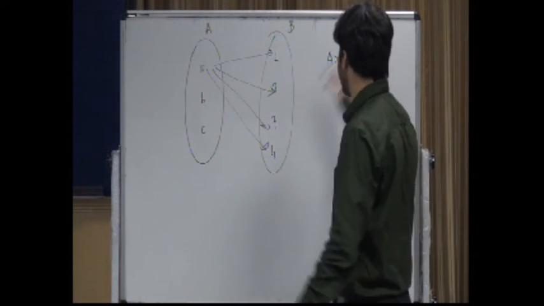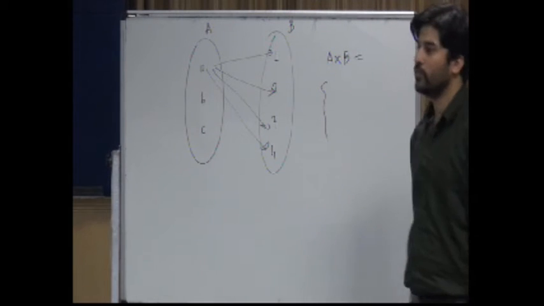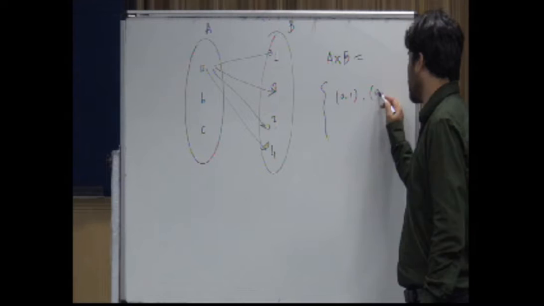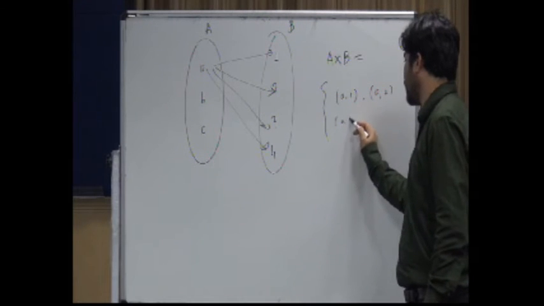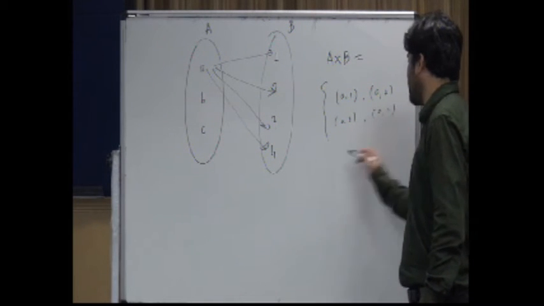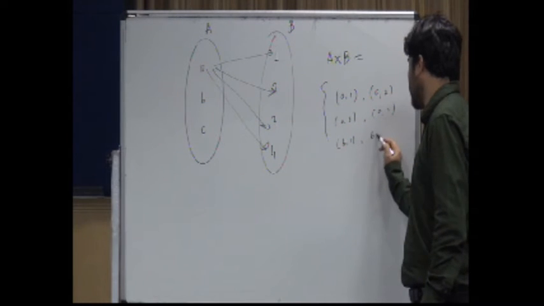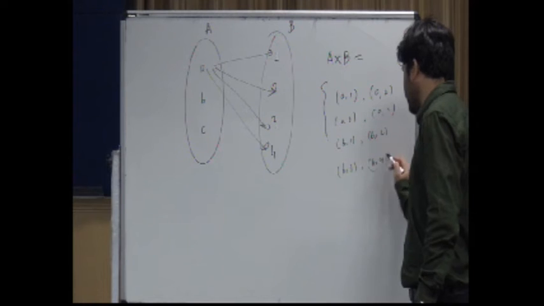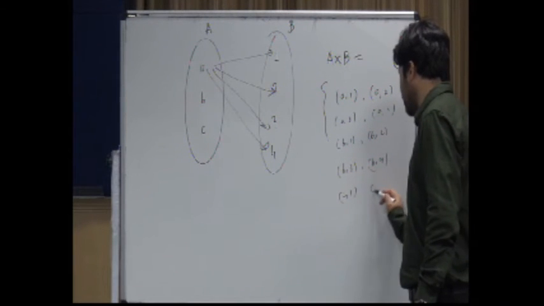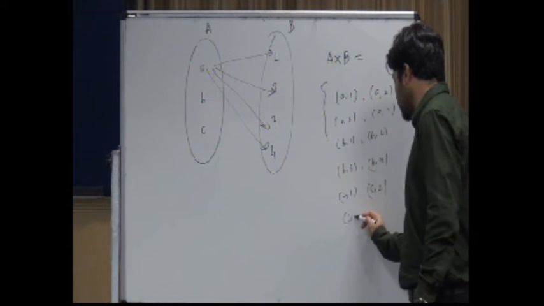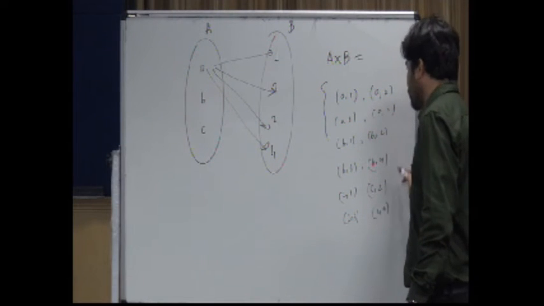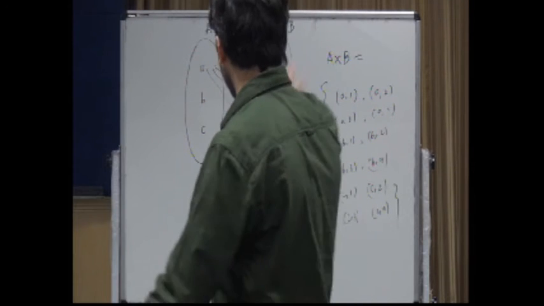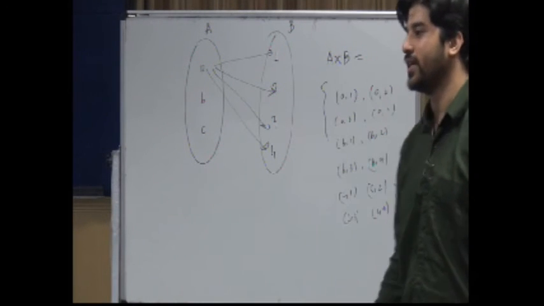So you have a set which, in roster form, is A1, A2, A3, A4, likewise B1, B2, B3, B4, C1, C2, C3, C4, right? This is your roster form, and you have all the elements of this Cartesian product A cross B.